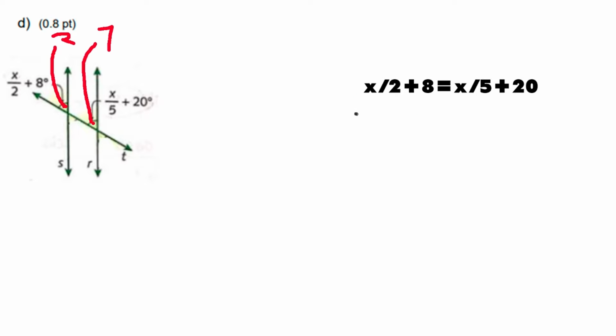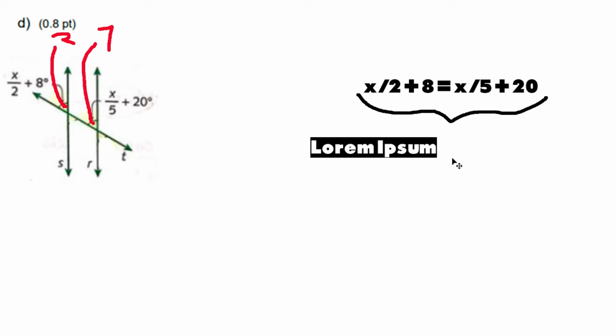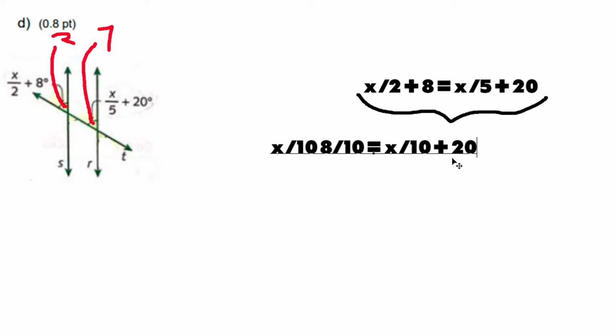When this happens, what we need to do is to find the least common multiple between this number and this number, which in this case is 10, right? So x times, we're going to put 10 here. 8 times 10 equals x over 10 plus 20 over 10.